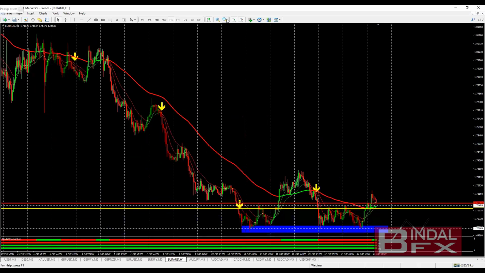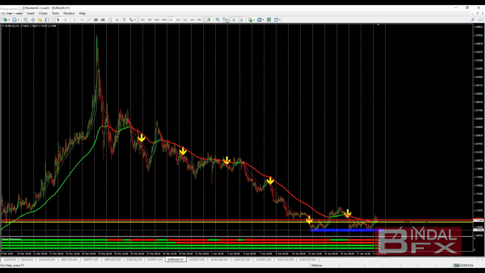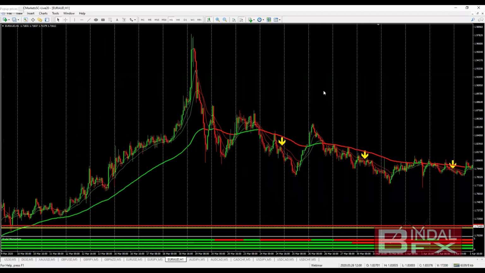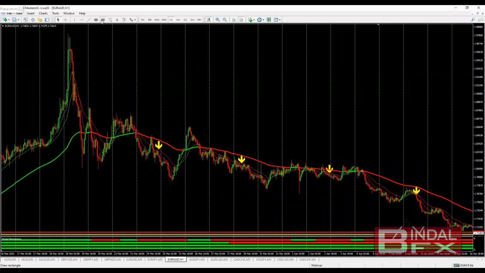If we can get something like that, I'd be much happier to take a long. So if I give you an example, in my view, currently we're in this bit, right? We've just broken on the other side of the trigger and it's consolidating here. What I'd want is something like this to happen and then that. Give us that V shape, and then I'd be more open to taking a long.